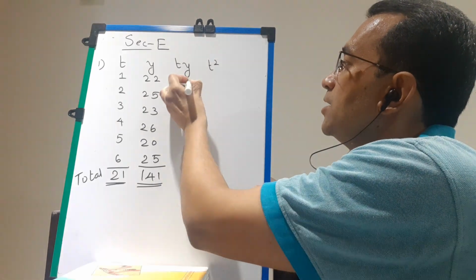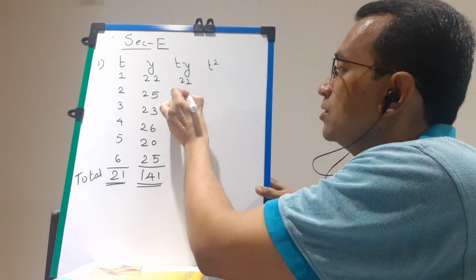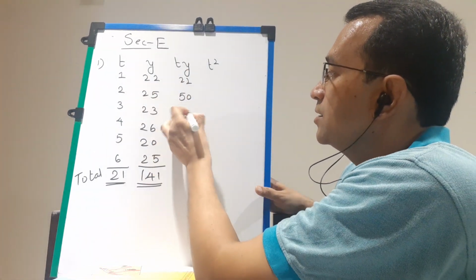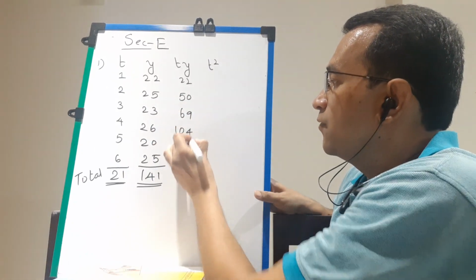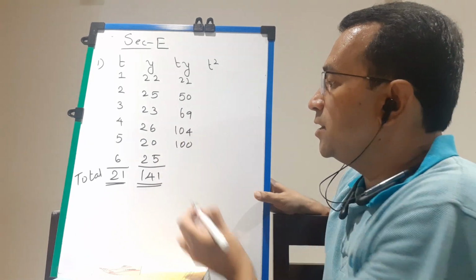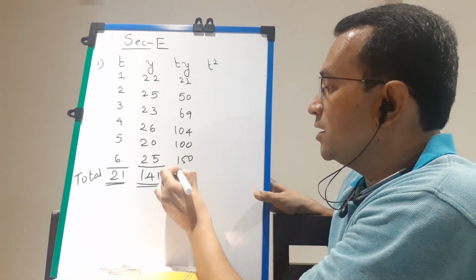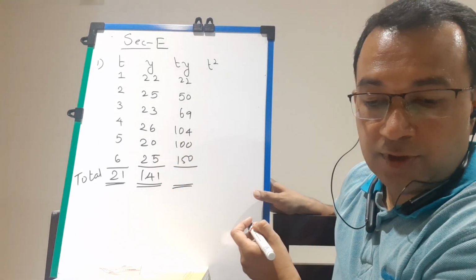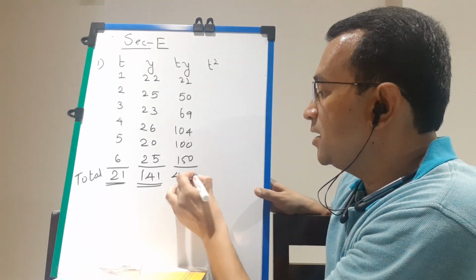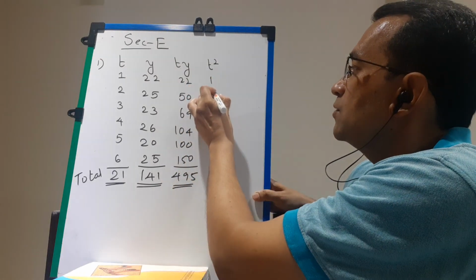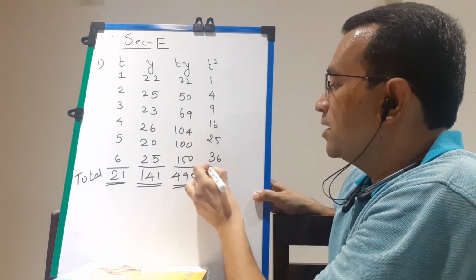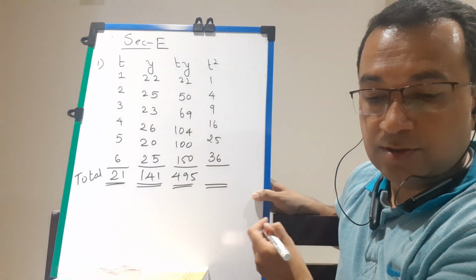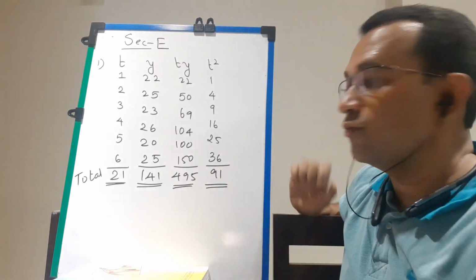T into y: 22, 50, 69, 104, 100 and 150. This total, students, comes out to be 495. T square: 1, 4, 9, 16, 25 and 36. So this total is 91.